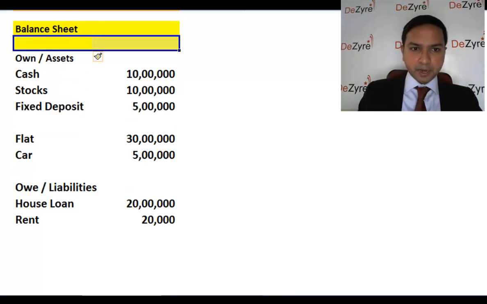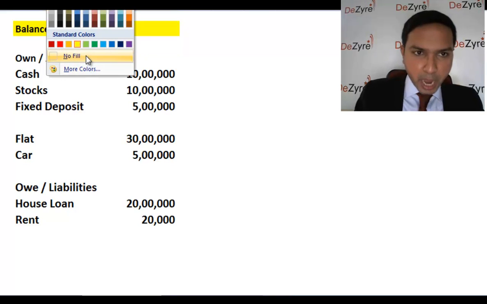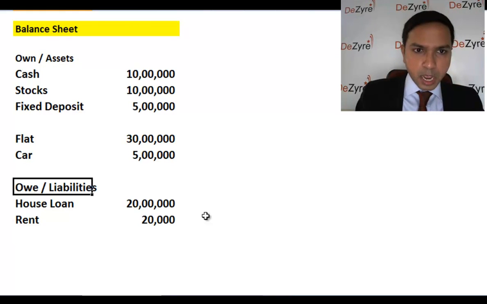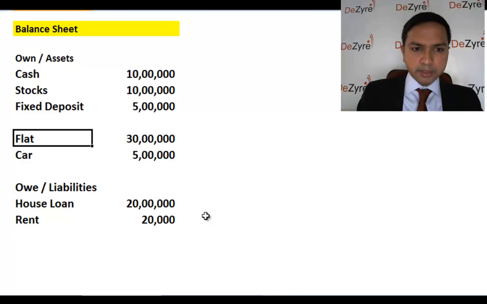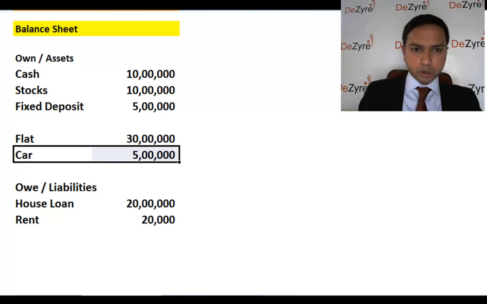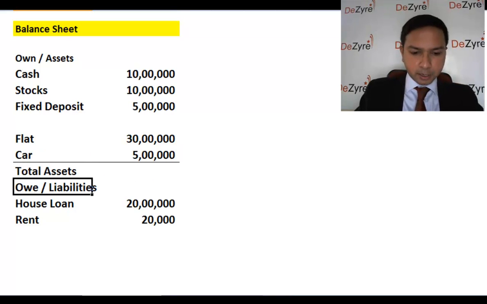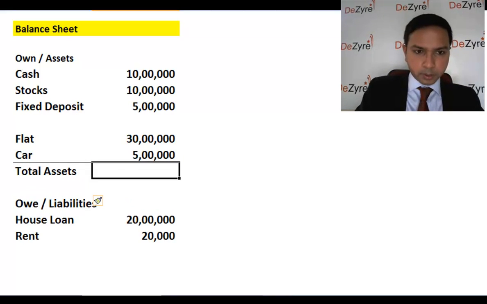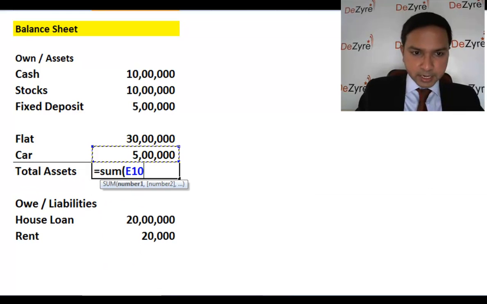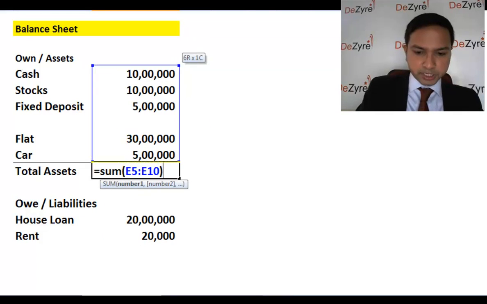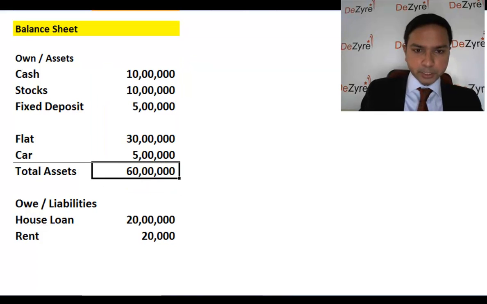Is that clear? Yeah, assets and liabilities. So now, let's calculate what your total assets are. Your total assets are very simple. They're just the sum of all your individual assets put together.